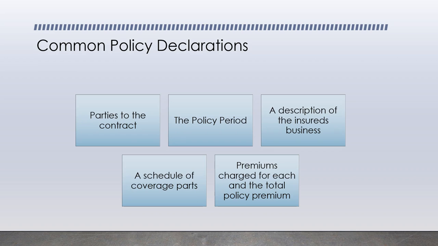It'll tell you certain coverages for what you've selected, and then the premiums charged for each part and the total premium as well. So that's what you'll see. This is going to take a little bit more studying to actually understand it, but these are the categories you want to study in the declarations page.